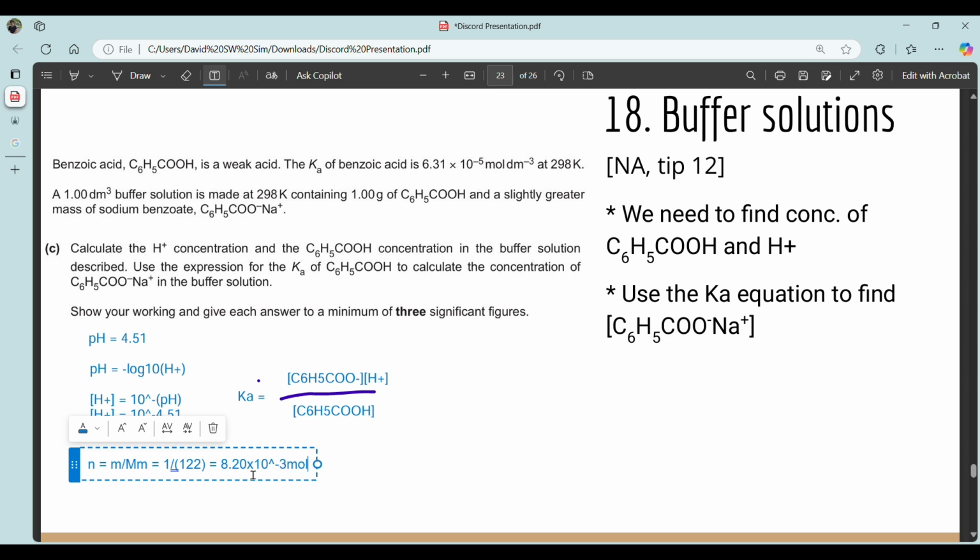Okay, so now we got the number of moles of benzoic acid that they added, and thankfully the buffer solution is also 1 decimeter cube.